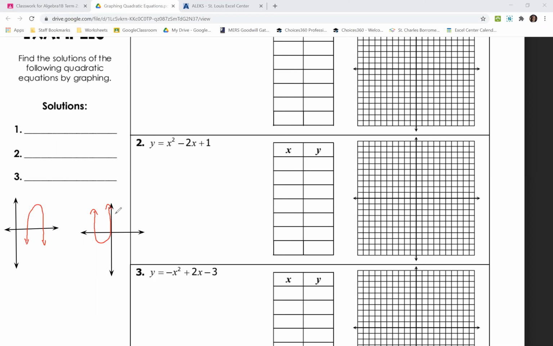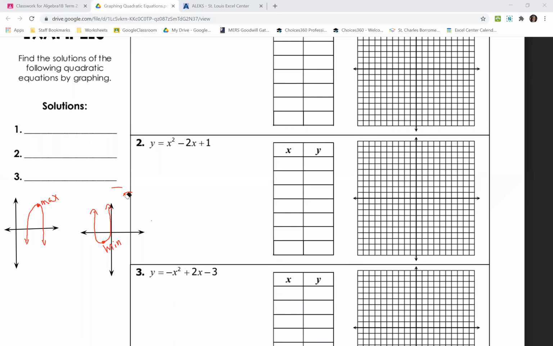There's another point that is of interest to us. Yes, we like to find out what the points that cross the x-axis are, and we'll find that out in the next lesson with some application problems. But the other point is the highest point or the lowest point on my graph. This would be the maximum point on this graph, and this would be the minimum point on this graph.